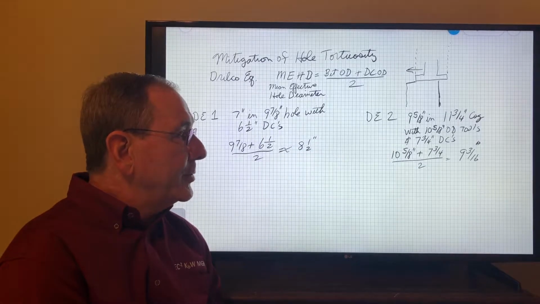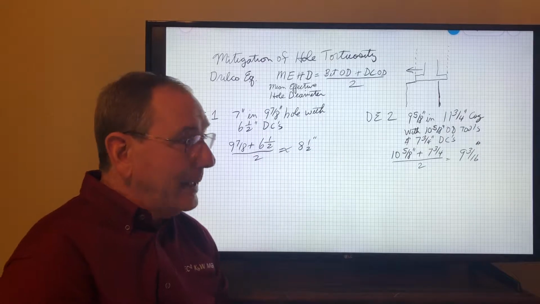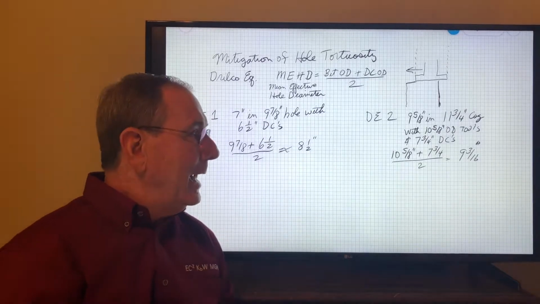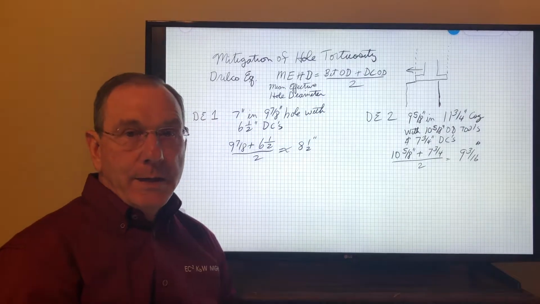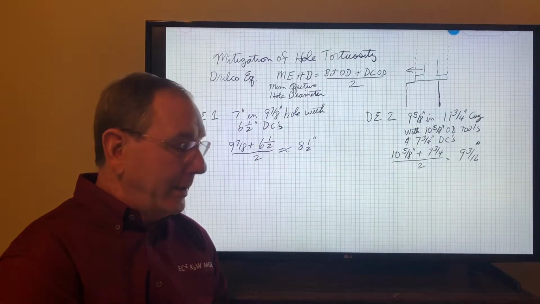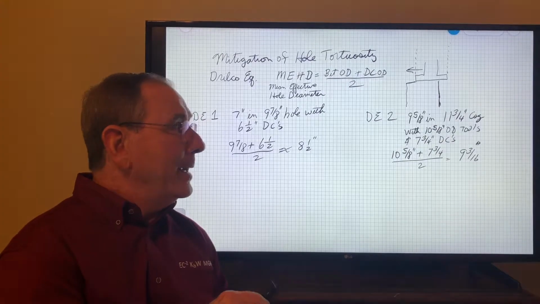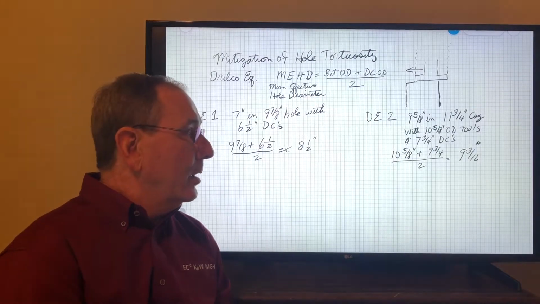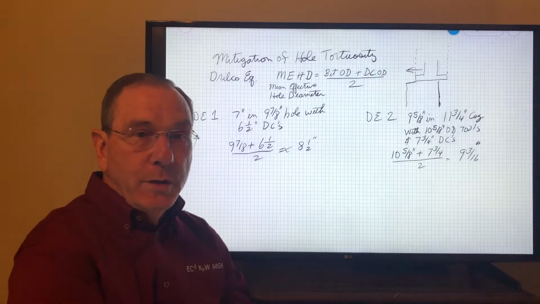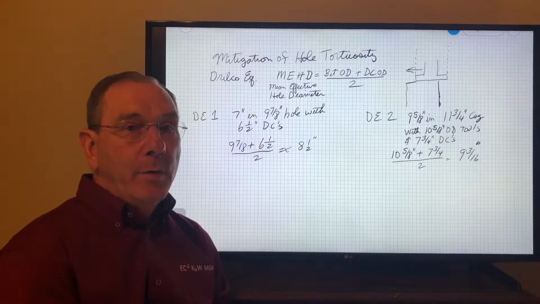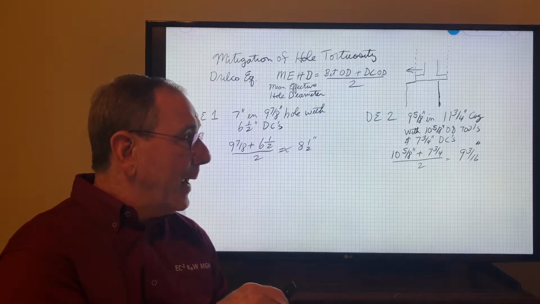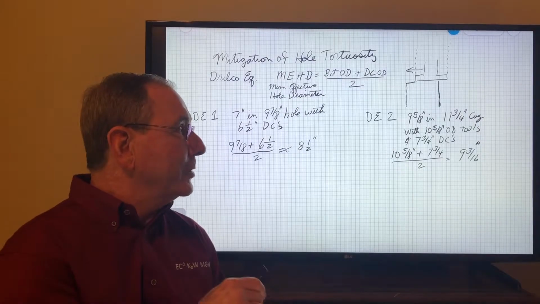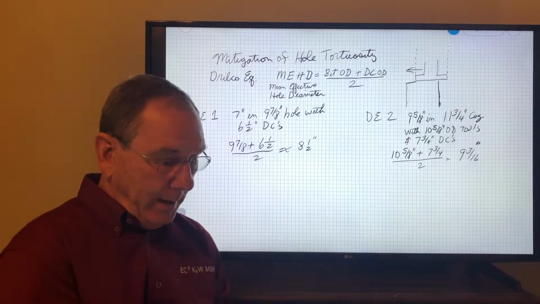That diameter is substantially less than his casing OD, and so if he does nothing to mitigate hole tortuosity, it's very likely he may get his casing into a portion of his open hole and then he can't run it anymore, because he's got a tight spot in his open hole that's actually smaller than his casing OD.